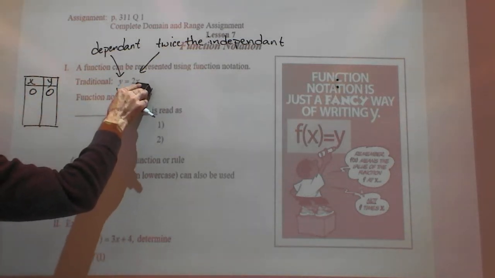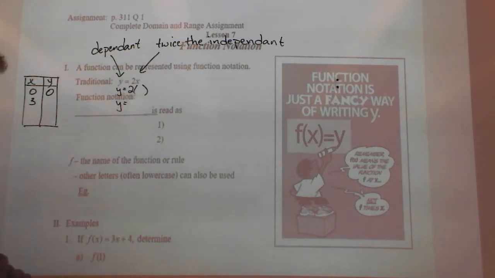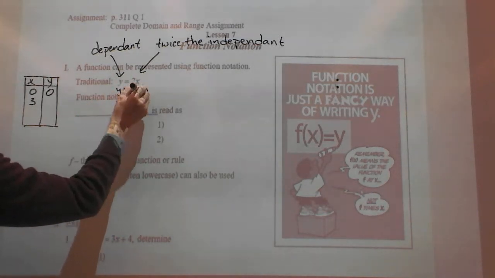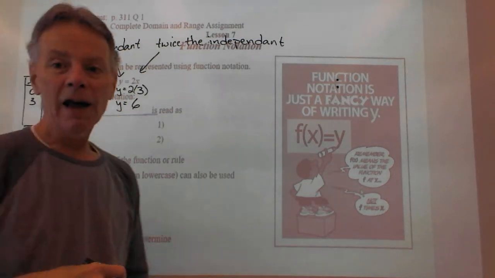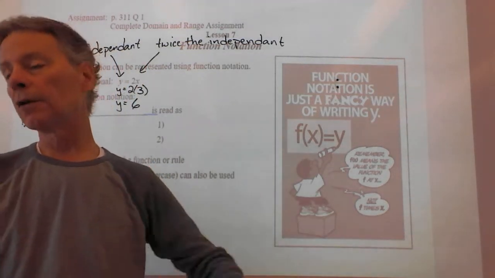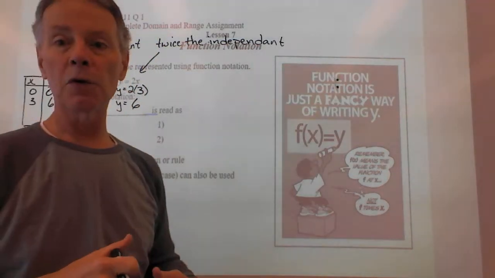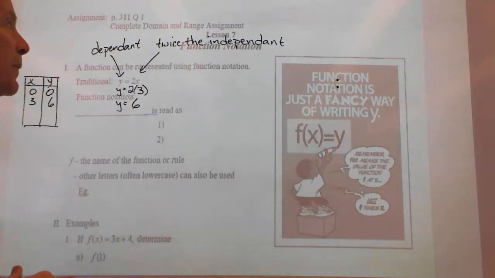Well, what about if I make my x value 3? Well, then if my x value is 3, my y value will be 2 times 3, or 6. And I can keep doing that on and on for infinity and generate an infinite series of ordered pairs, which when I put on a graph will give me a nice straight line. Okay?